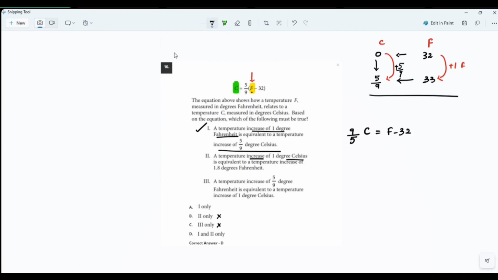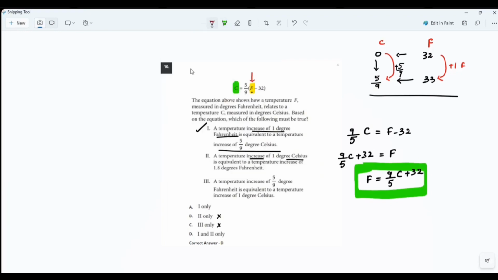You can do that. And then solve for F, please. F is equal to, what do you get? 9/5 C plus 32. There you go, this is a good equation. F is equal to 9/5 C plus 32. Now you have an equation in terms of C, because that's what you're trying to alter.